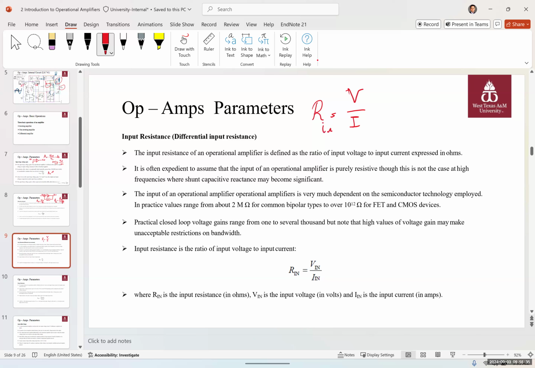Our input resistance would be our input voltage relative to the input current. So if I have an op amp which looks like this, I'm going to connect this one to the ground, positive, negative. This would be I input and this would be V input. So V input over I input gives us the input resistance.